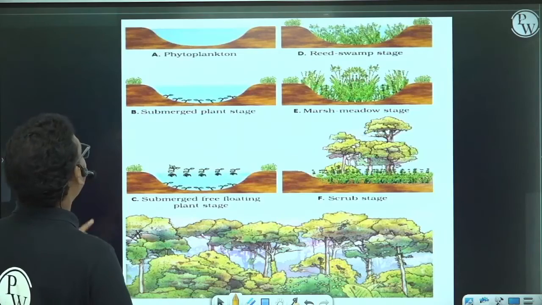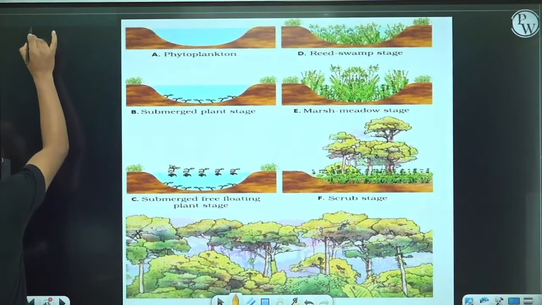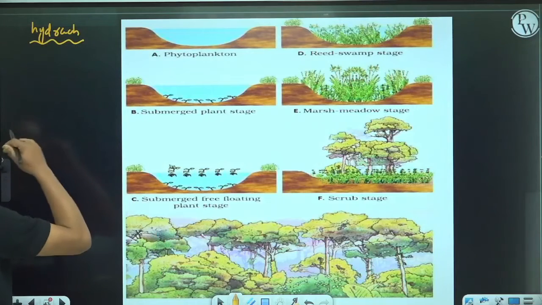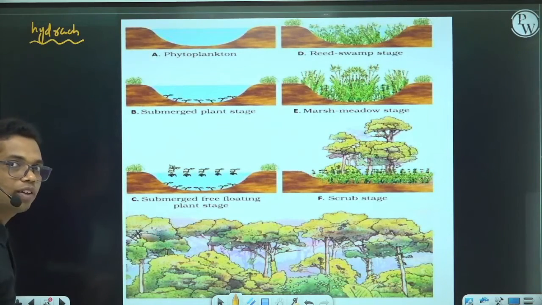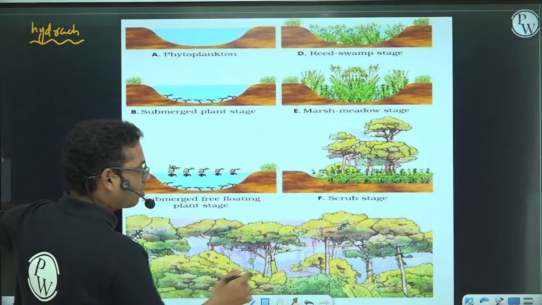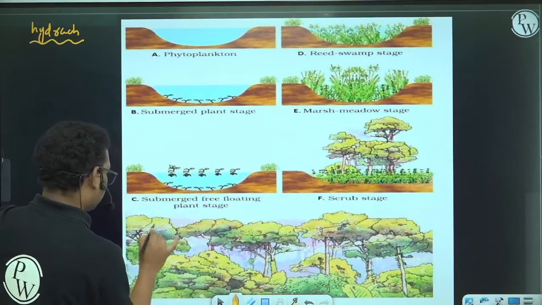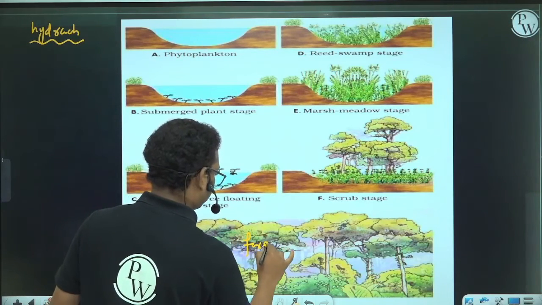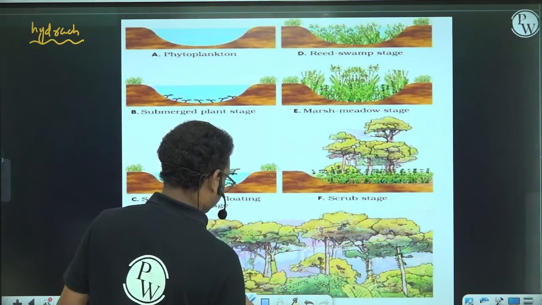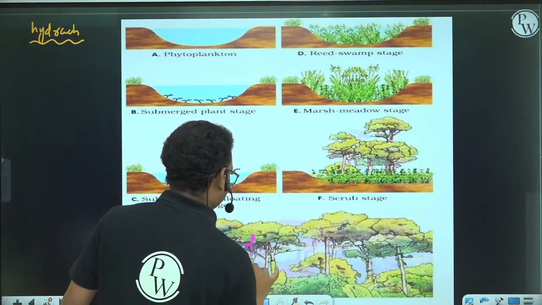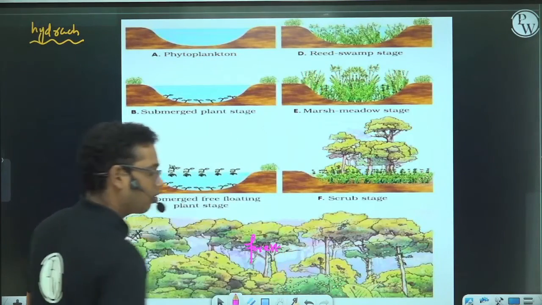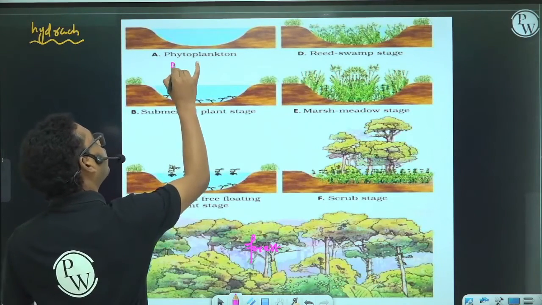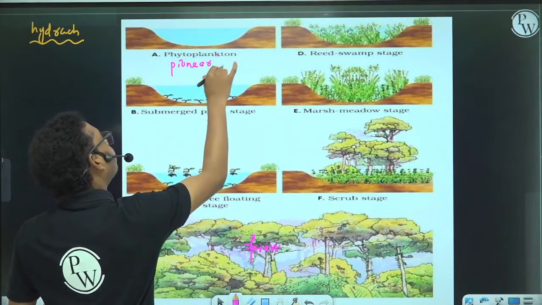What about hydrarch then? You have to remember that in hydrarch, the pioneer community is phytoplankton, and the climax community is forest. So the first community, or the pioneer community, is phytoplankton.